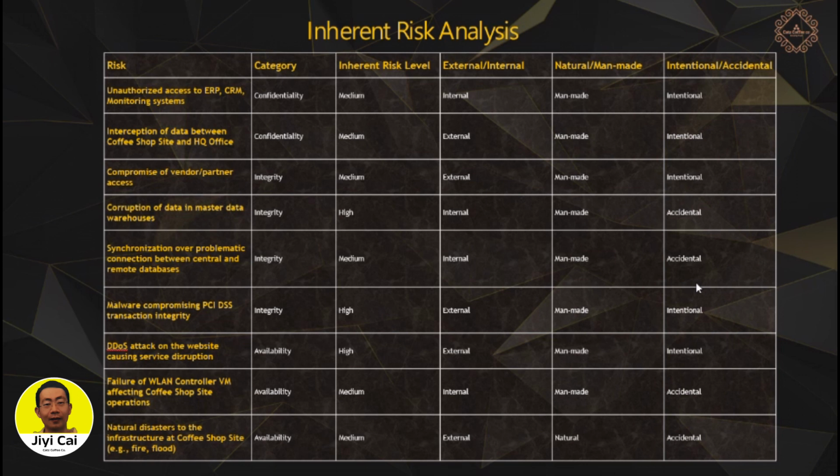And also the vendor or partner pipeline could be compromised and accessed by a hacker. The master data warehouse could also suffer from corruption, like power outage or hardware failure.